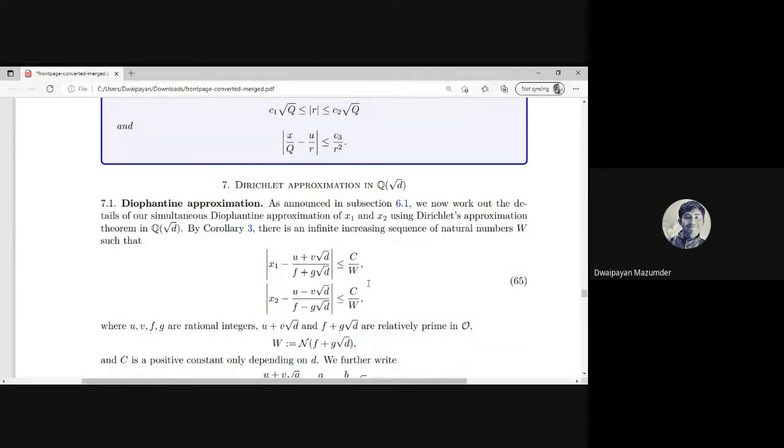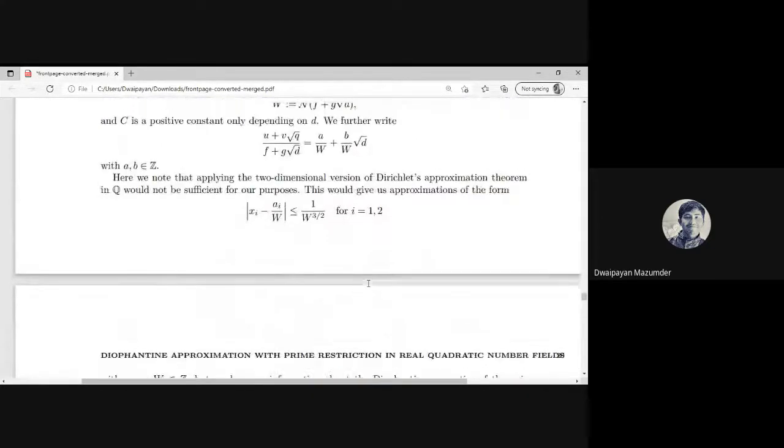I'm not going to go into that due to time. One thing I would like to mention is that there is a version available for simultaneous Diophantine approximations, but the main problem is that it neither depicts any relation between W and R, that R is in the range of square root of W, nor does it capture that important relation, s square minus b square d congruent to zero modulo W prime.